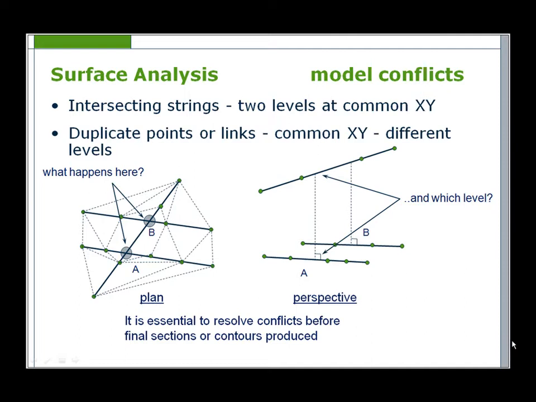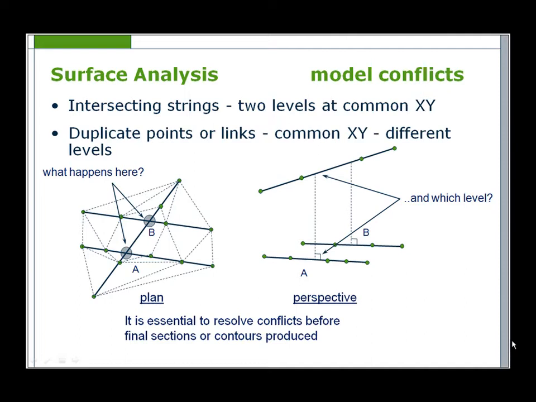A duplicate link is where two strings, either surveyed or designed, are less than 10 millimeters apart. In this instance, MX has a point search tolerance around each point of 10 millimeters.